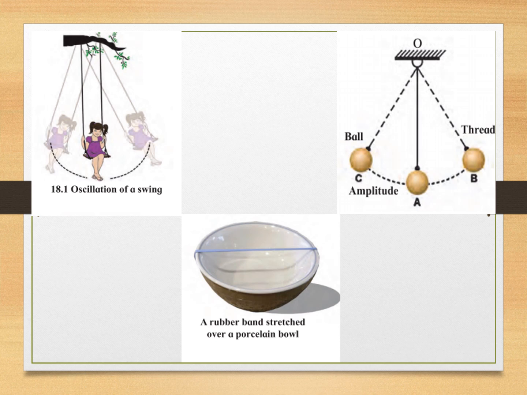Then tie a small iron or woolen ball to it and suspend it from a support as shown in this figure. Okay, you have to hang that thread somewhere so that it will take the OA position as shown in this figure. Okay, it will look like this.